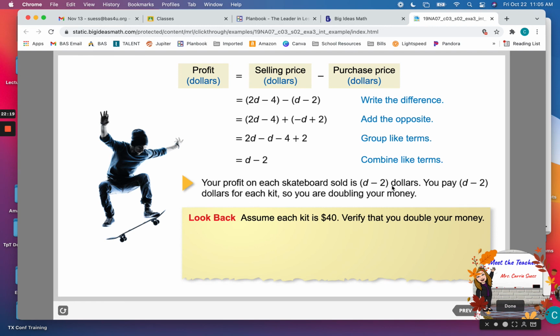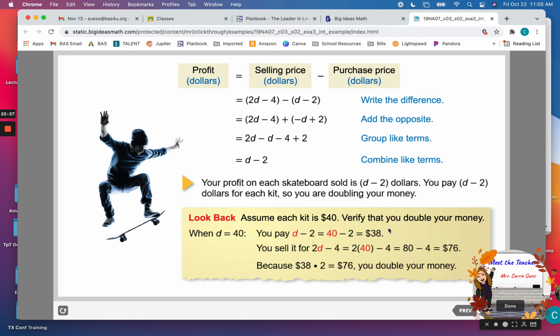If each kit was $40, I could plug that 40 in here, subtract the 2, and how much am I making for each skateboard? $38. Okay, and if I multiply that by 2, it shows me that I double my money. Okay, but your answer would have been D minus 2.